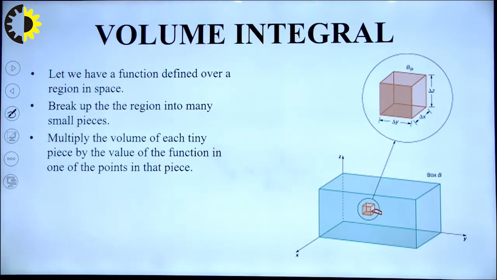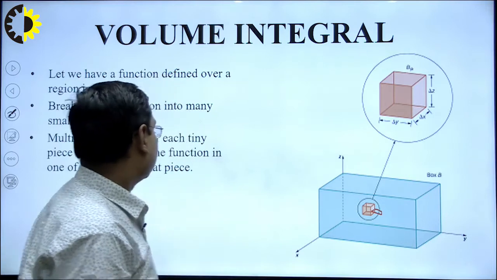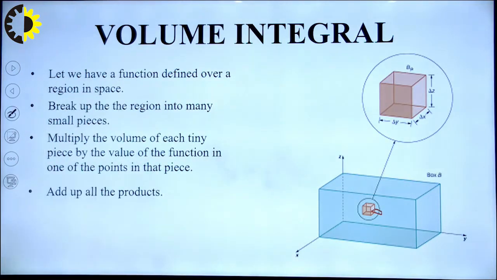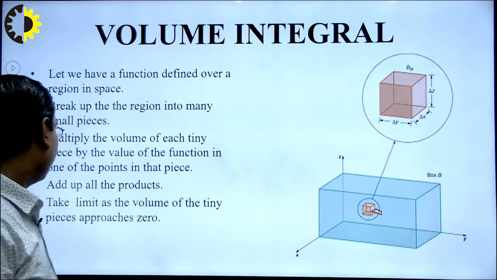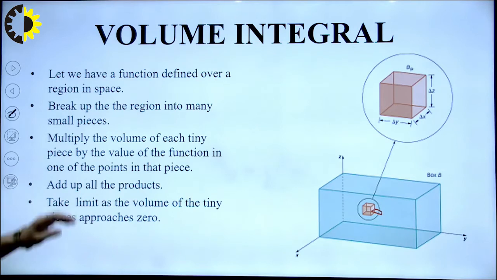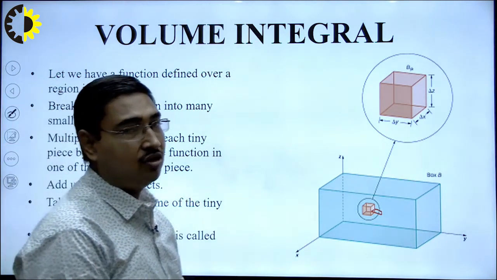Multiply the volume of each tiny piece by the value of the function at one of the points in that piece. Add up all the products. Take the limit as the volume of the tiny pieces approaches 0. The quantity so obtained is called a volume integral.